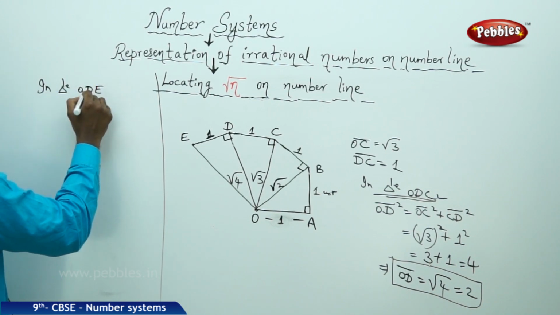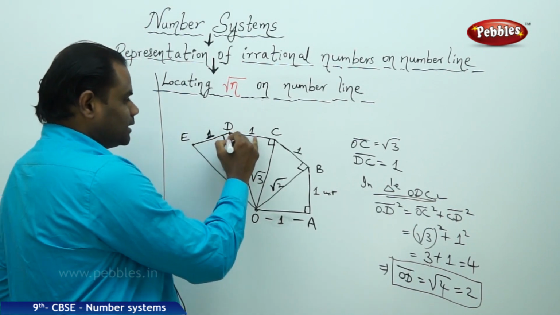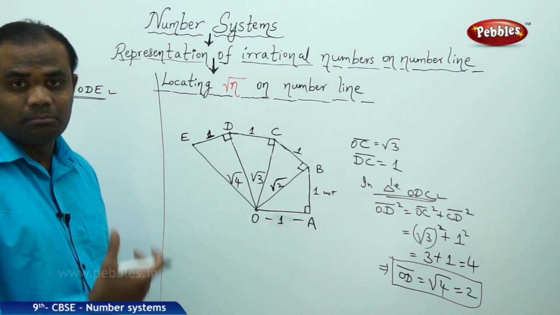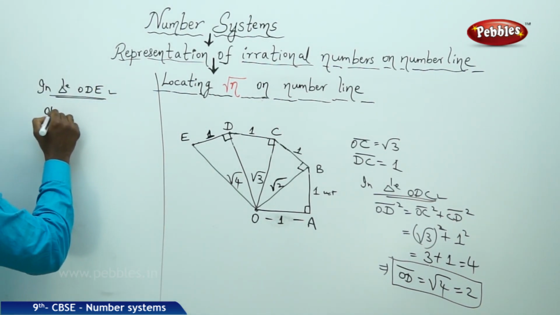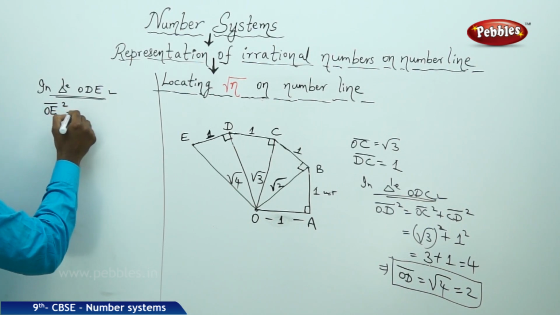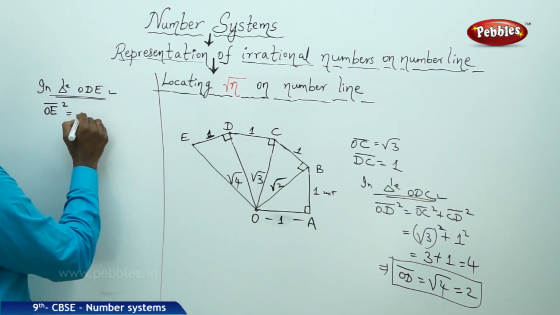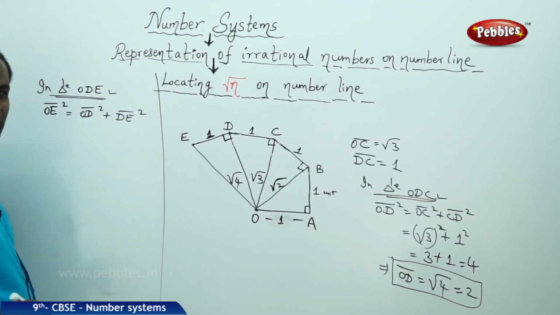In triangle ODE, which is a right angle triangle, right angled at D, I have again the Pythagoras theorem, which plays a vital role. So using the Pythagoras theorem, the hypotenuse OE square will be equal to sum of squares of other two sides, which is OD square plus DE square.